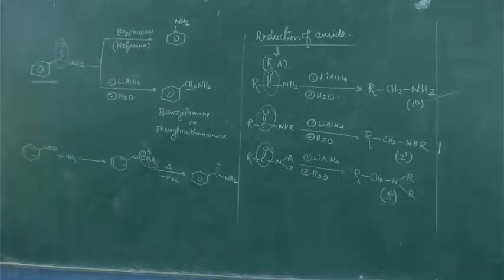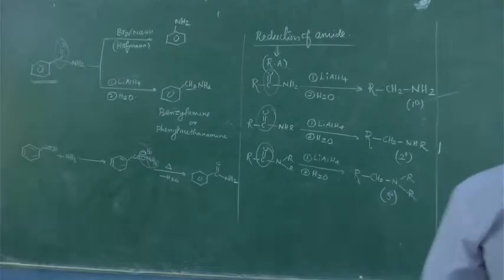How many methods? 6. The first one is reduction of nitro compounds, ammonolysis, synthesis, and reduction of amides. Is it clear? These are some of the important methods.